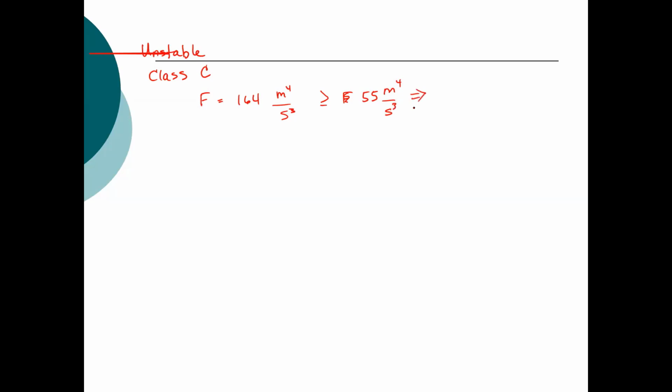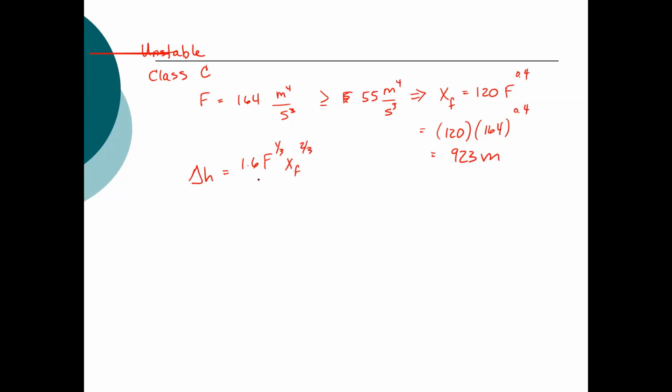So therefore, we'll use the equation x sub f is equal to 120 F to the 0.4, and that is 120 times 164 to the 0.4, which is 923 meters.